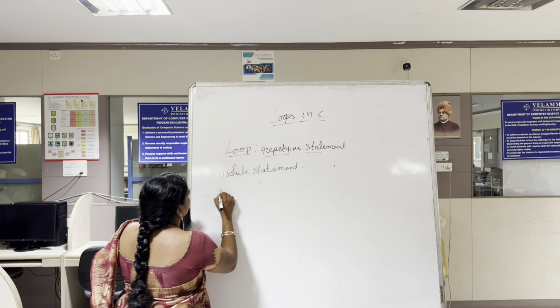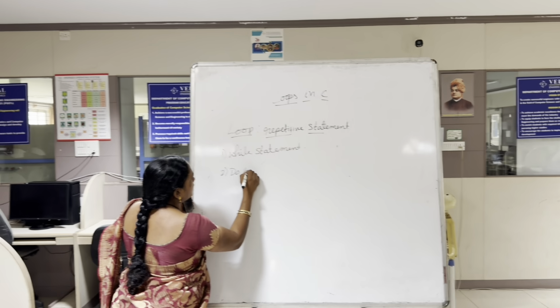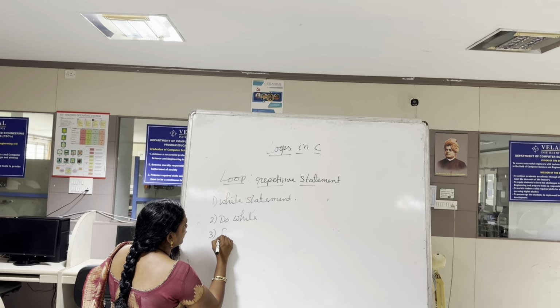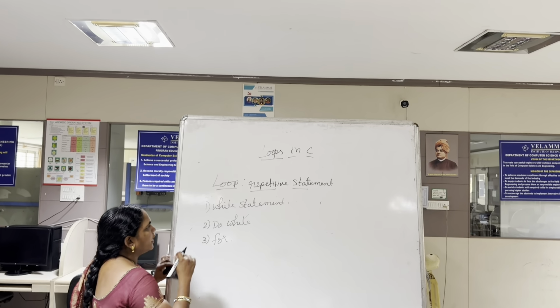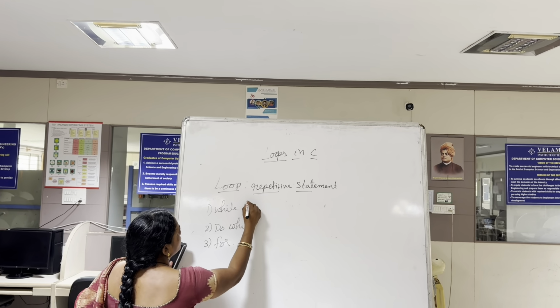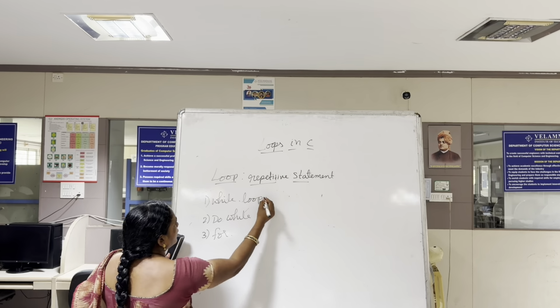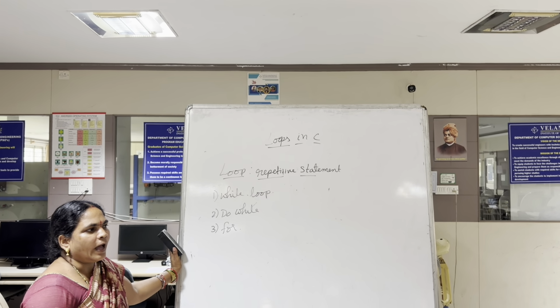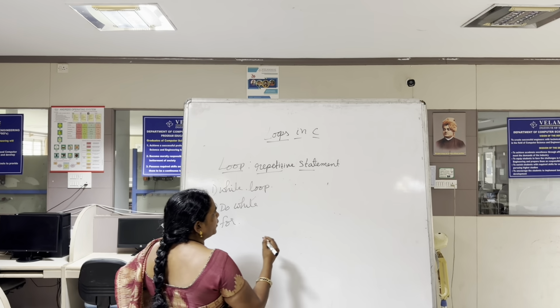The second one is do while, and the third one is for. These are the looping statements we are going to learn, and all three follow a particular format.